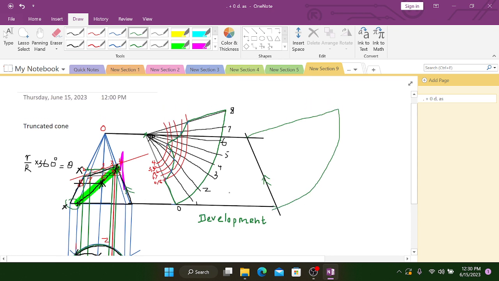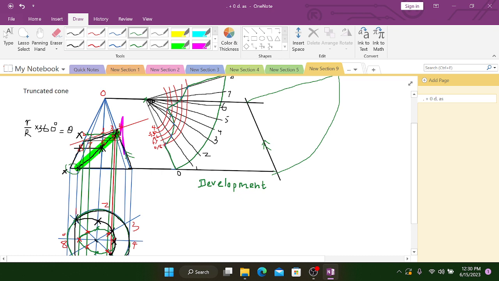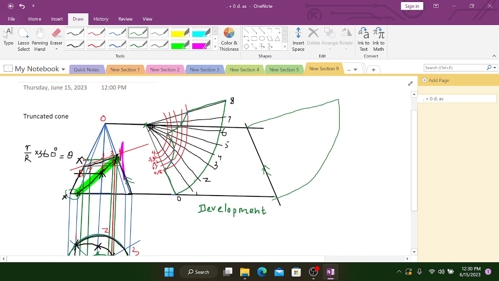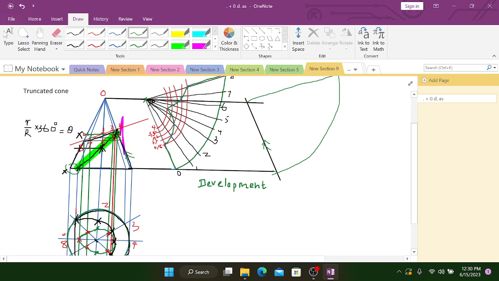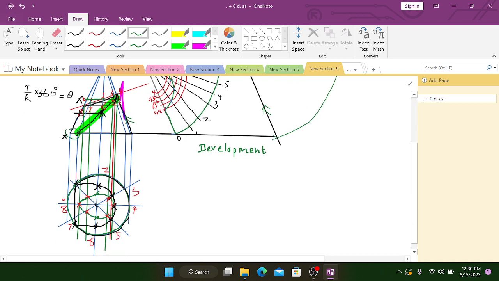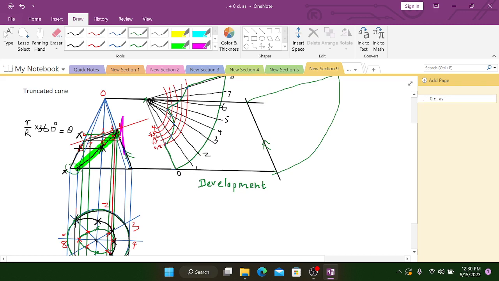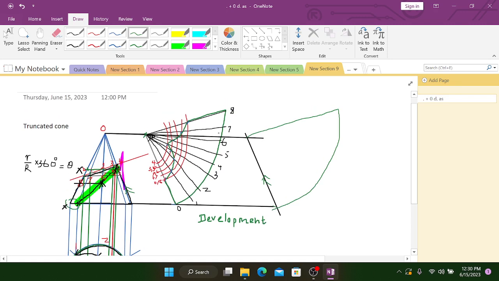Because if the normal cone is developed, if the normal cone is extended by cutting this XX, this length, this O to 8 length, the circumference length should be equal to the circumference of this circle, because it is the same object I am cutting and I am watching through here.